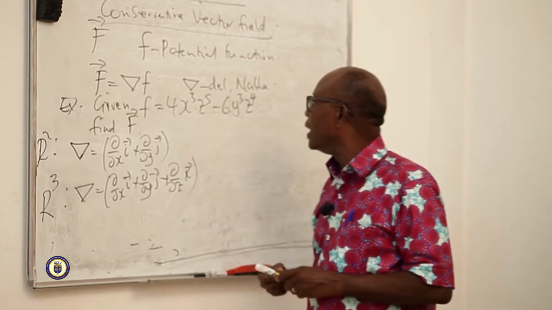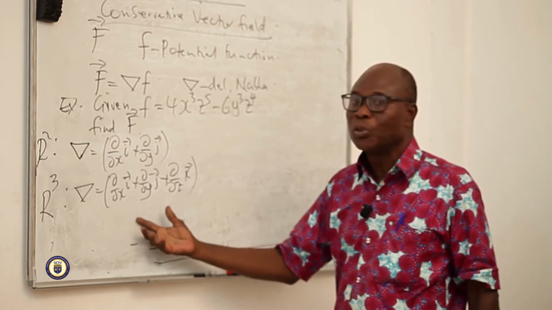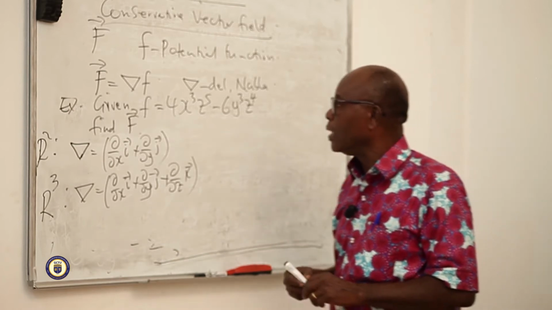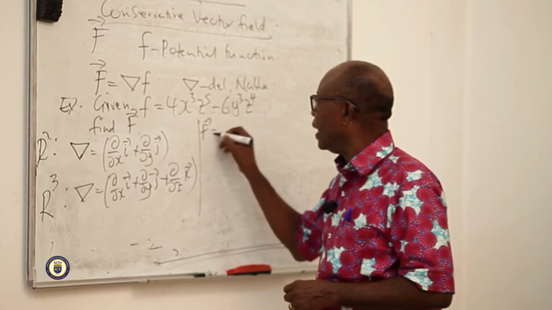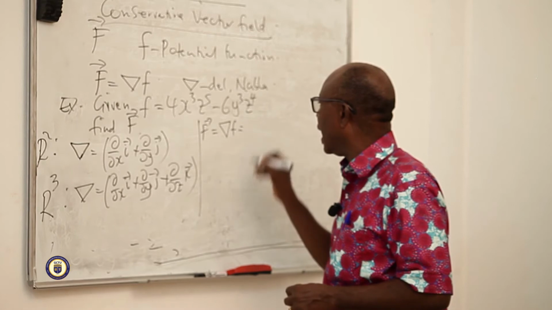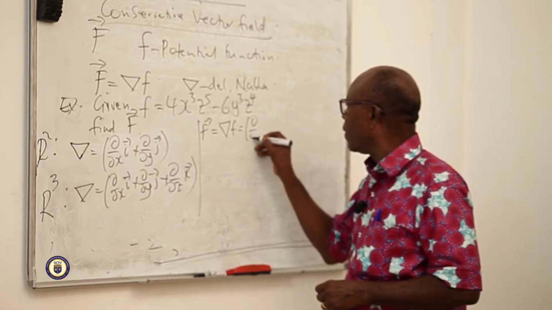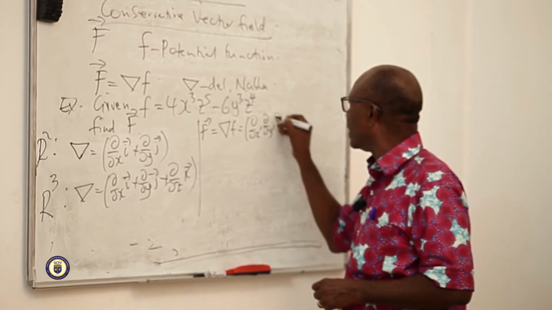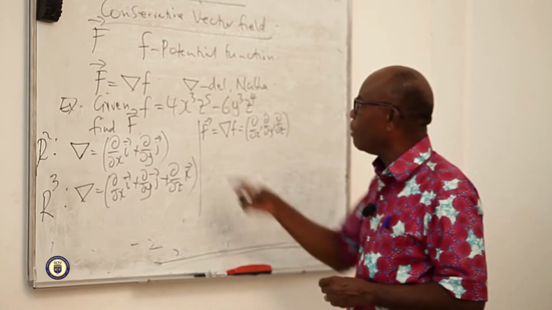In this case, we have x, y, z, so we are going to use three dimensions, in space. So F is equal to del f, and del gives us partial x, partial y, partial z, times f.